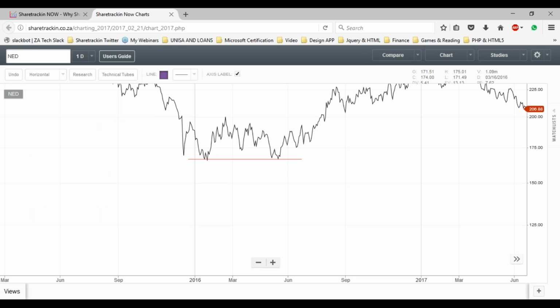Pick a color that you will remember, so that if you see that horizontal line or your share price getting close to that horizontal line, you know that is my stop loss. I should be paying attention to what's happening next.